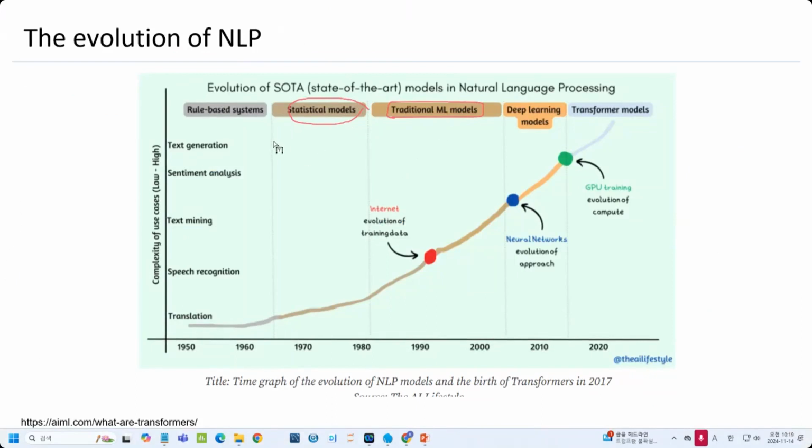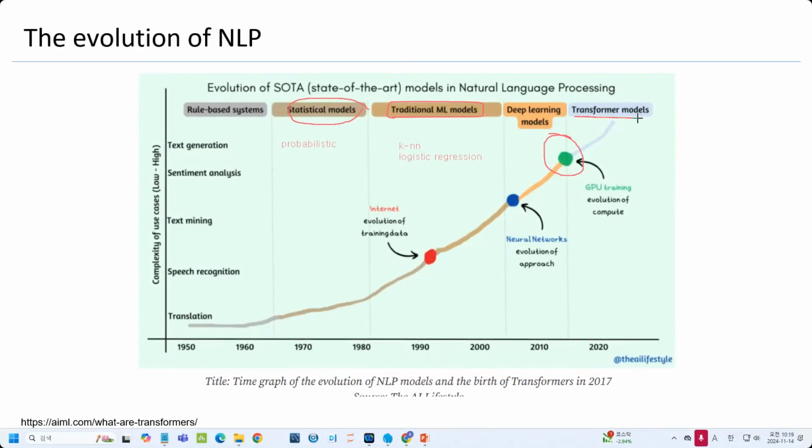You learn about the probabilistic model, and then with the traditional machine learning models, maybe we can use KNN, we can use logistic regression at the time, and so on. And last week we learned about the deep learning models, how we can leverage the RNN. And now people try to adopt the transformer model.